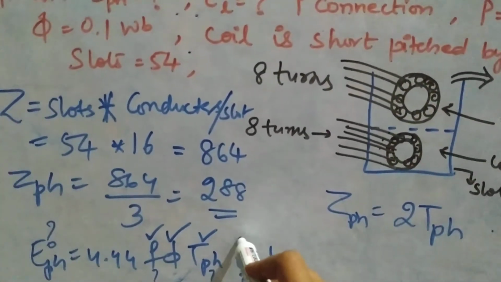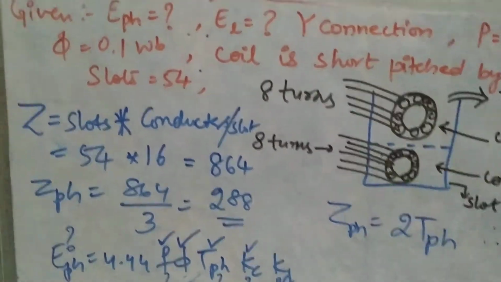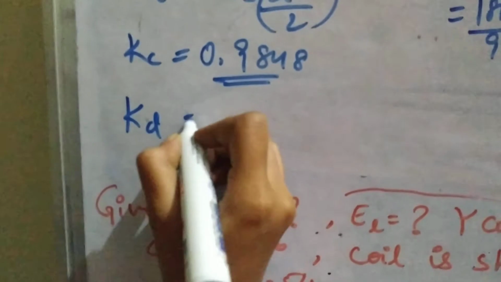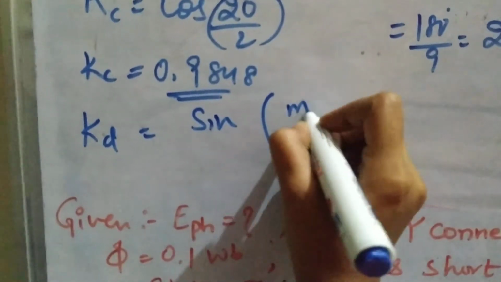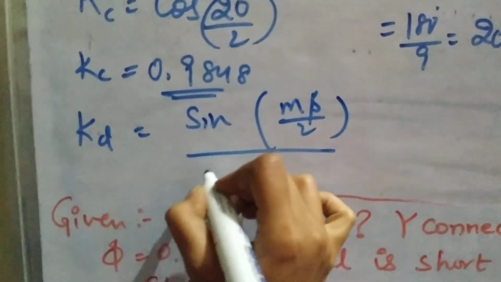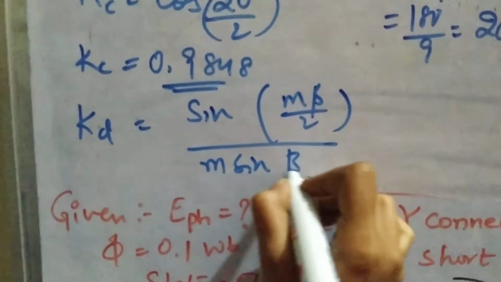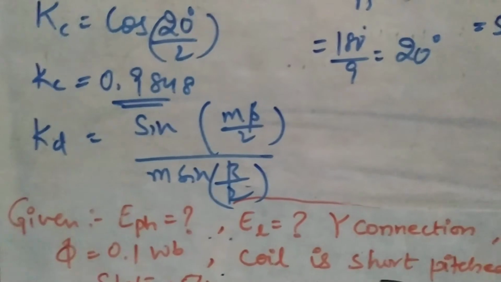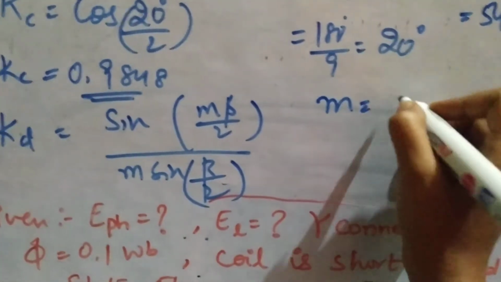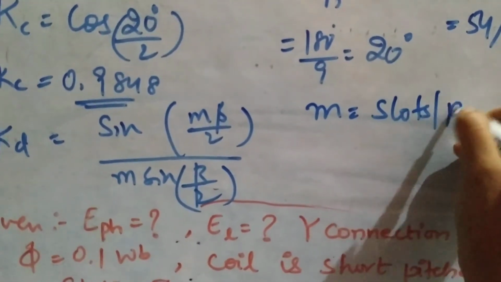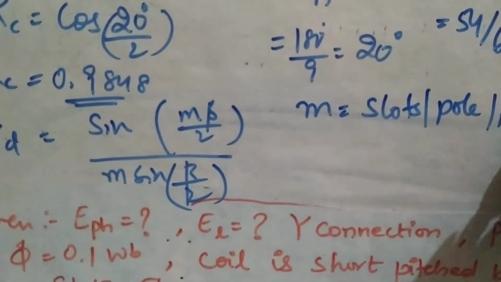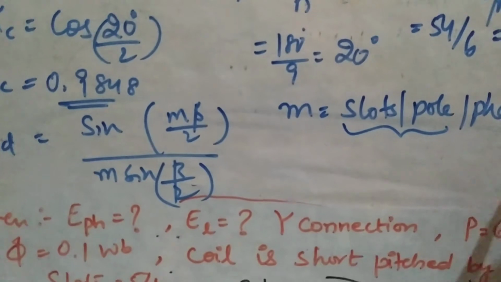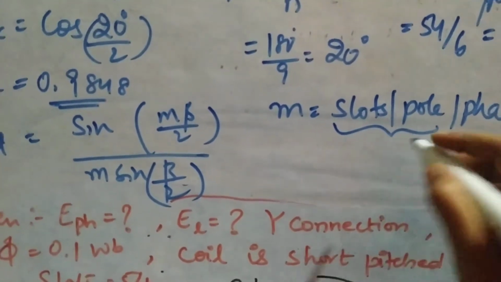Kc we can put a tick mark. Now you need to find out Kd. What is the Kd formula? Kd is equal to sine of m beta divided by 2, whole divided by m into sine of beta divided by 2. Beta is already known to you. Now we need to find out m. What is m? Slots per pole per phase. Already we have found the slots per pole, n.